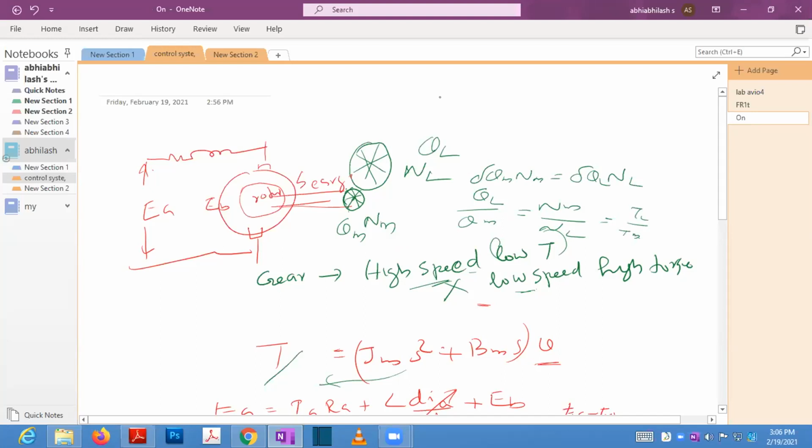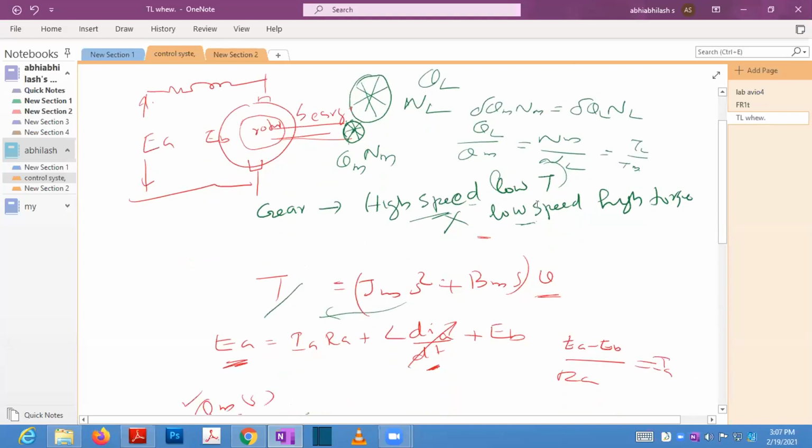That is torque: T load into omega load is equal to Tm into omega m. This is the relation. So when we are connecting this one, this torque will change.